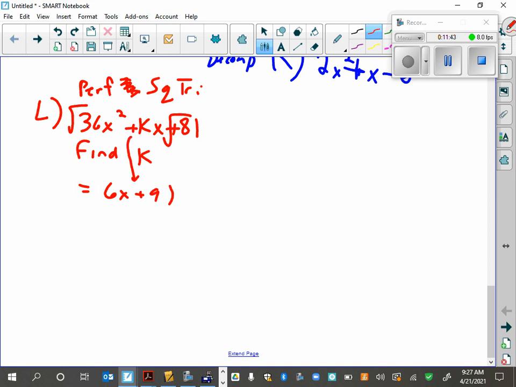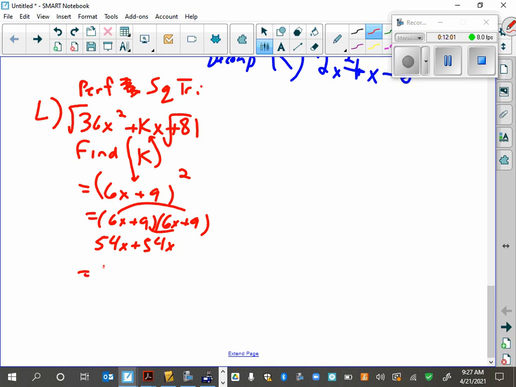Take the sign of the middle term. And you also have to understand that k means the middle term. So now you rewrite and FOIL this, or use the perfect square trinomial shortcut. You'll get a 54x plus a 54x. So the answer is k equals 108.